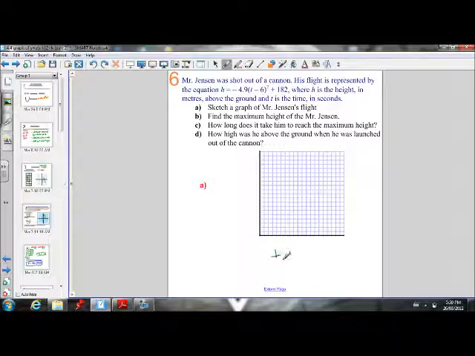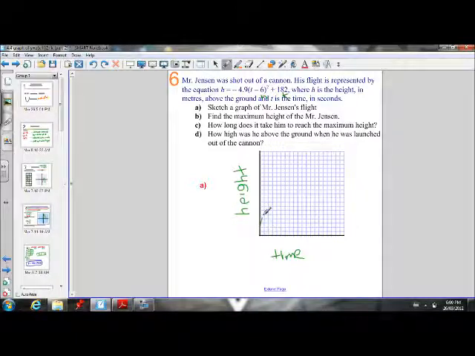So I've told you that T is our time and H is our height. Good. So if I want to be able to sketch a graph of my flight, let's just sketch a rough graph. I know my vertex is (h, k).